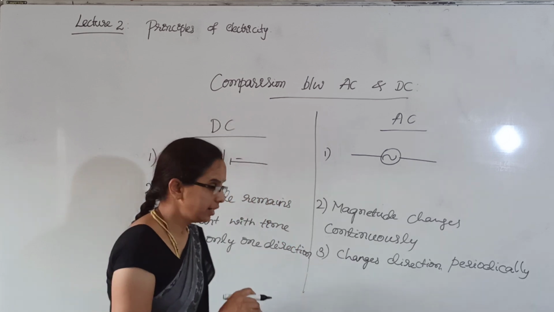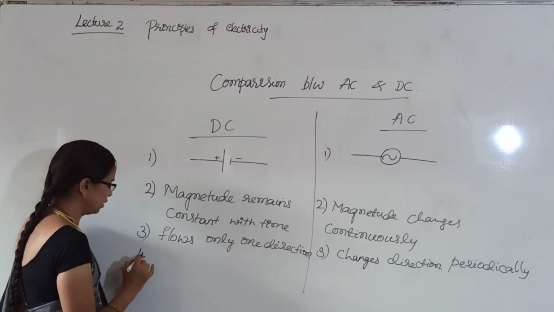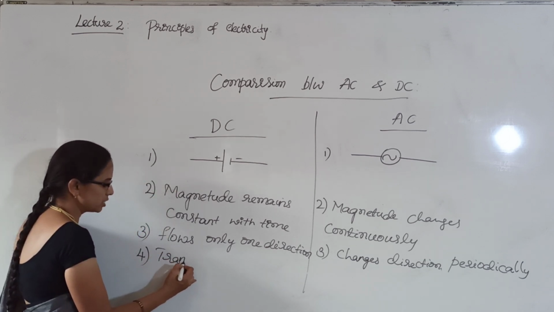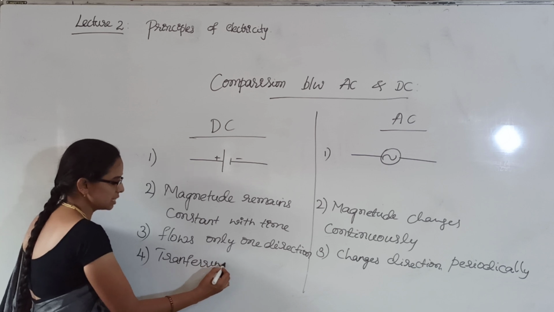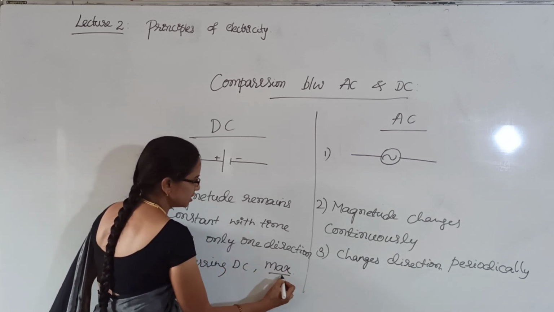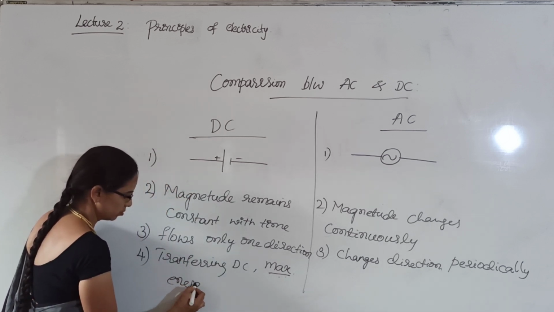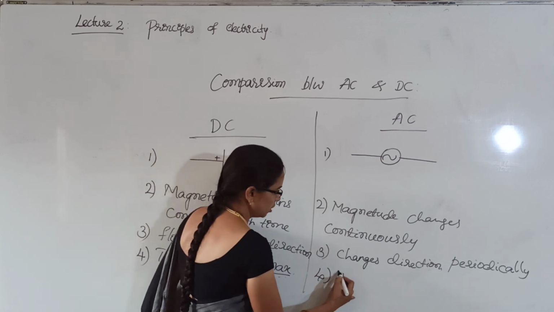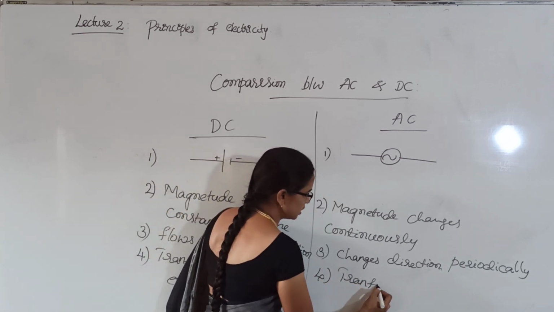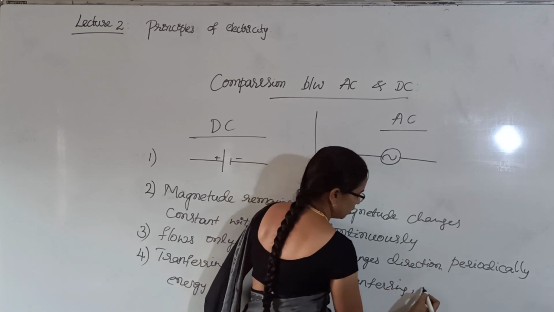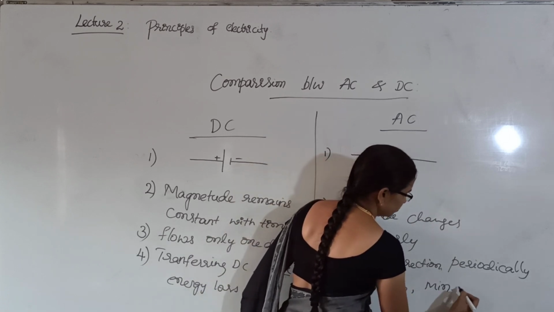While transferring DC, there is maximum energy loss, whereas you can transfer AC over long distances with minimum energy loss.